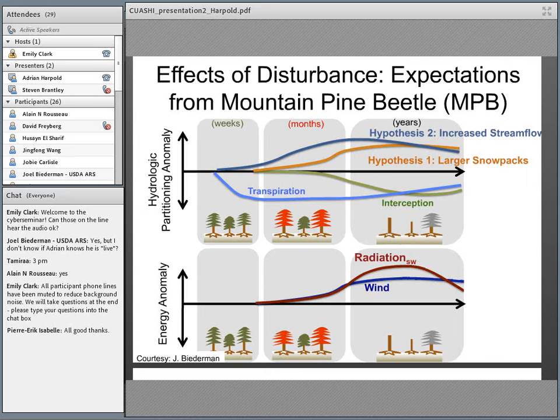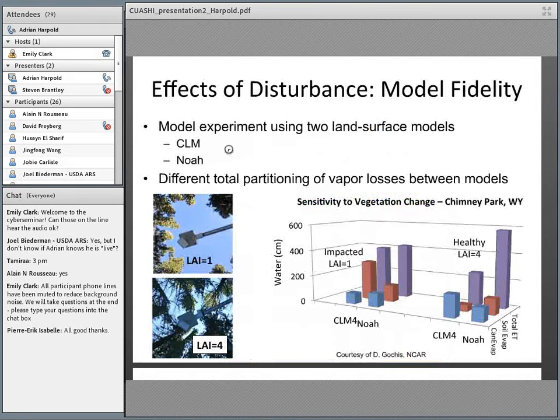So our first-order hypothesis is that more snow is accumulating and the trees are using less, so we expect larger snowpacks and increased streamflow. But as a secondary energy anomaly, we would also expect that as the canopy opened, more shortwave radiation would reach the ground or the snow surface, and we would also potentially increase wind speed. So this was our working hypothesis, and we went out.